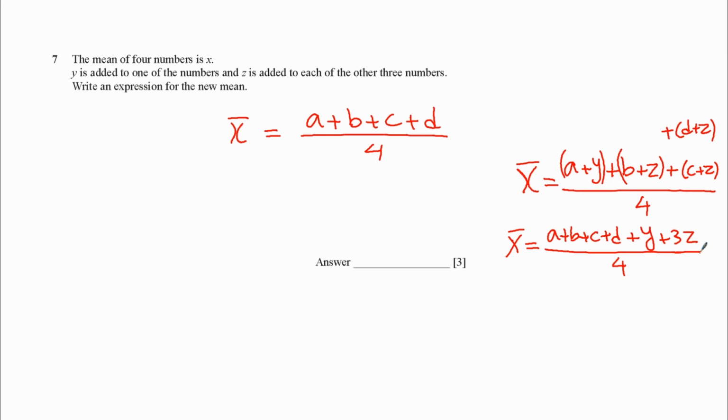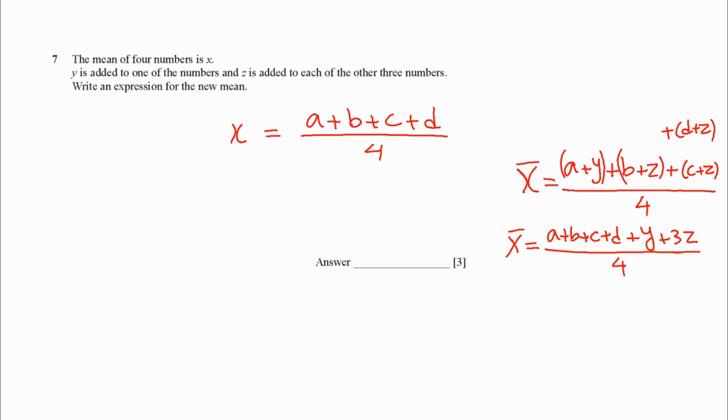Just to correct and show a bit better notation, because the question says the mean of 4 numbers is x, I'm going to put on the first one the mean of the 4 numbers, show it by x. This x bar is the new mean, because the end of the question says write an expression for the new mean. So I'm just showing that x with the x bar.